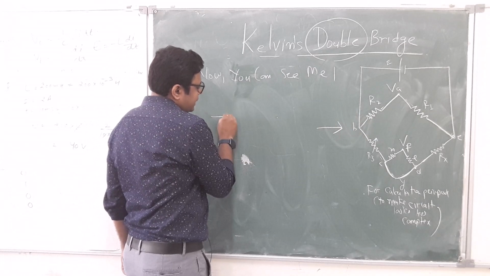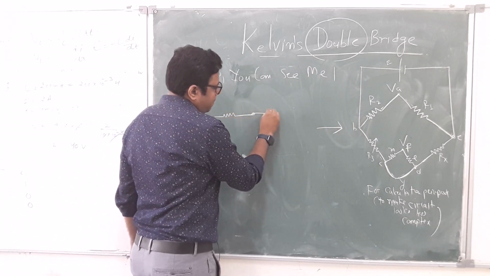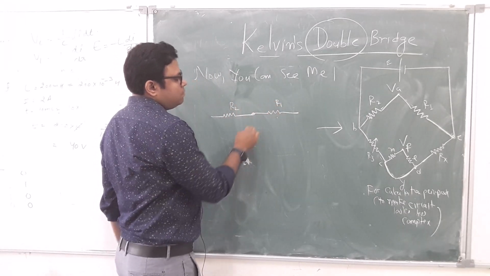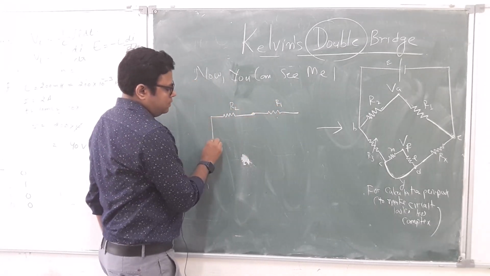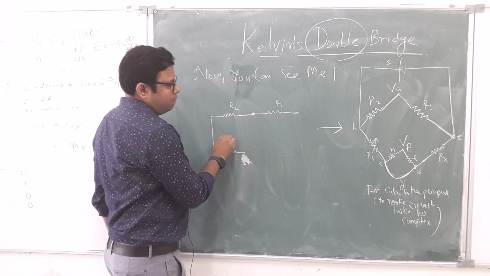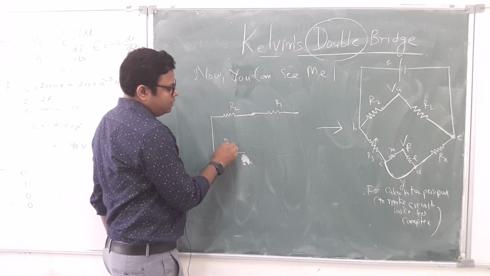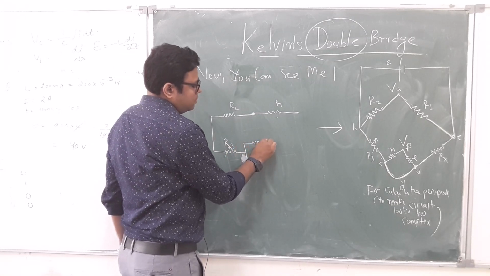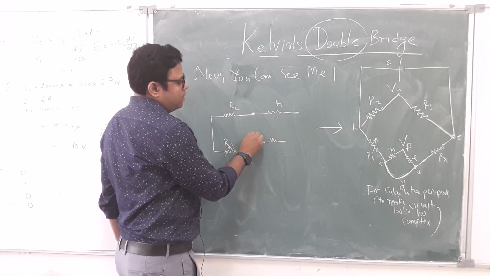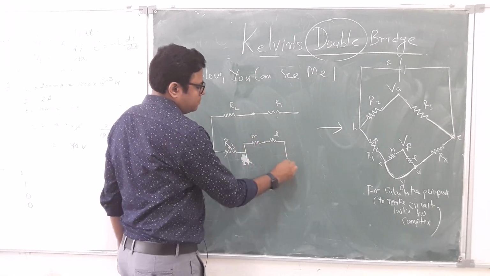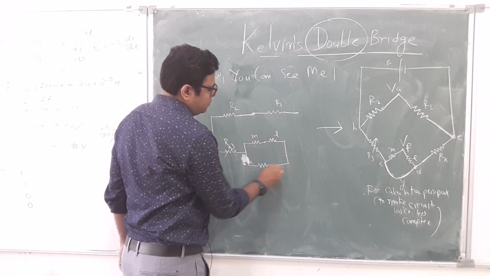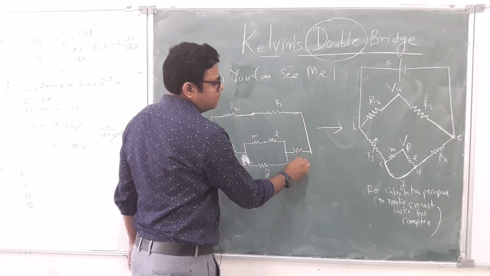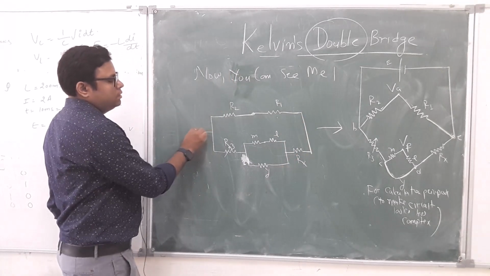You will see this is a resistor, this is R2, R1, and then parallel resistor R3, M, L, Y, Rx, something like that.